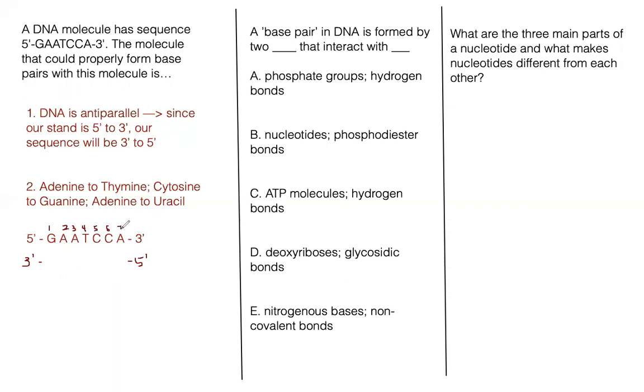If I'm looking at the first base, that's a G. What binds with G? We said it was cytosine, so that's going to be a C. Following this, what binds with A is a T, and again what binds with an A is a T. Then what binds with T is an A. These aren't just A to T only, it can also be T to A, and so these all work.